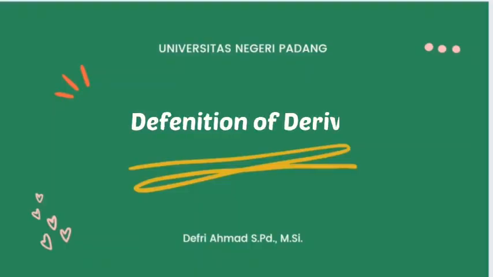First, definition of derivative. In mathematics, the derivative of a function of a real variable measures the sensitivity to change of the function value with respect to a change in the argument.